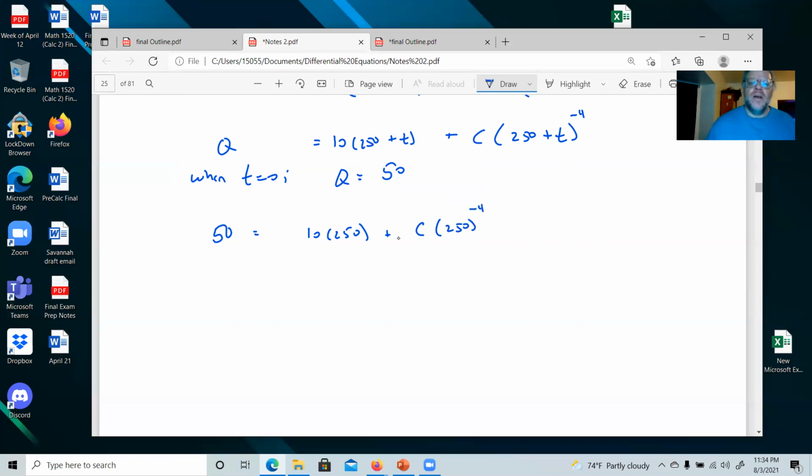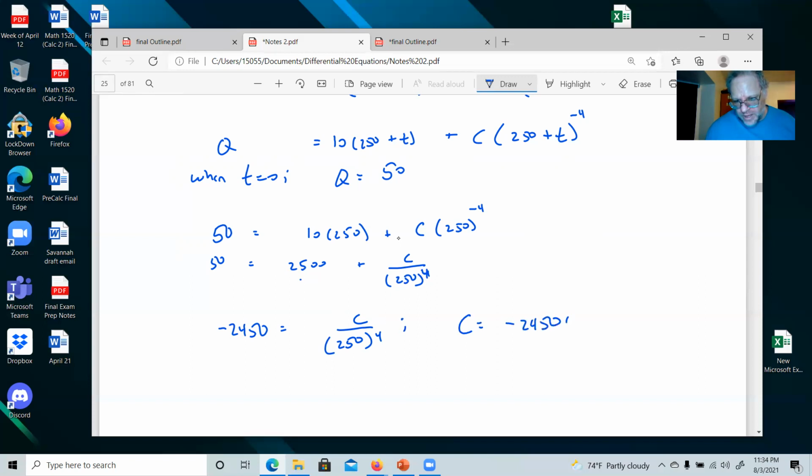So this is 50 is equal to 2500 plus c over 250 raised to the 4th power. Subtract 2500 from both sides, so we have negative 2450 is equal to c over 250 to the 4th. Multiply through, we get c is equal to negative 2450 times 250 raised to the 4th power.